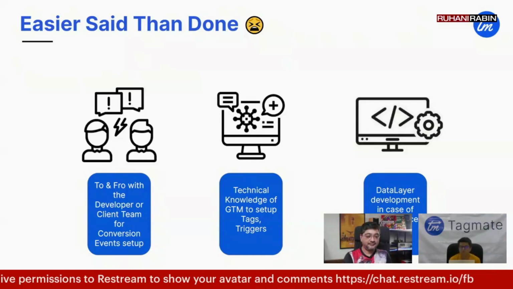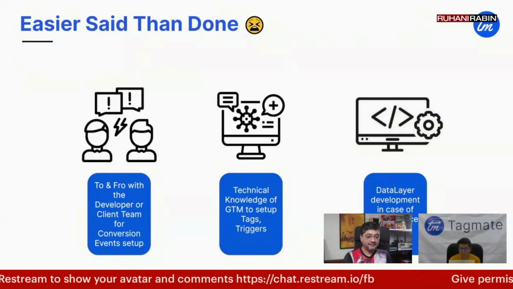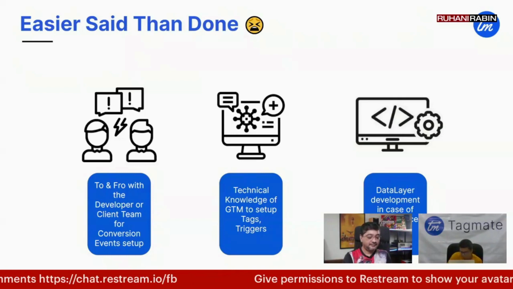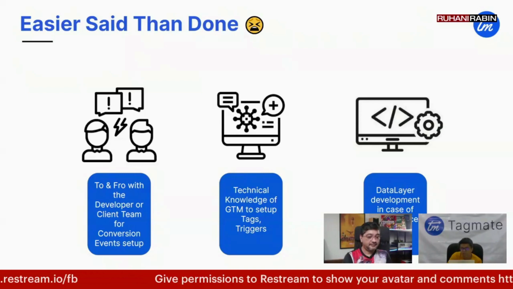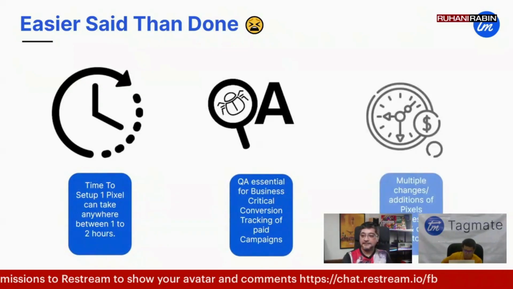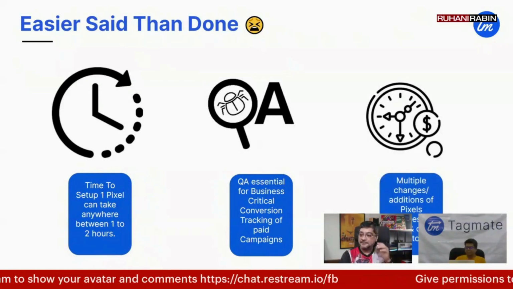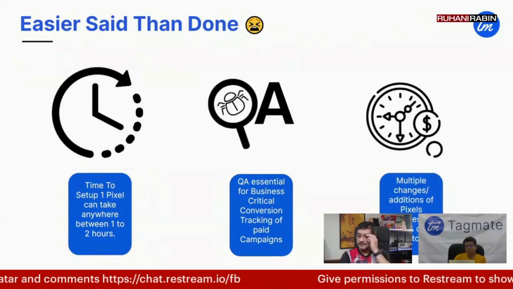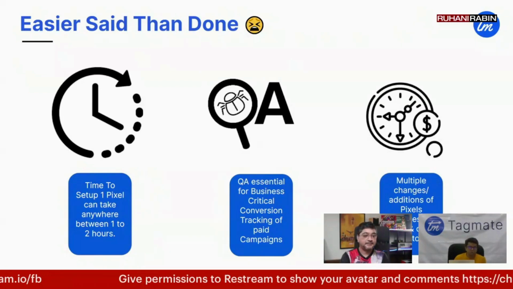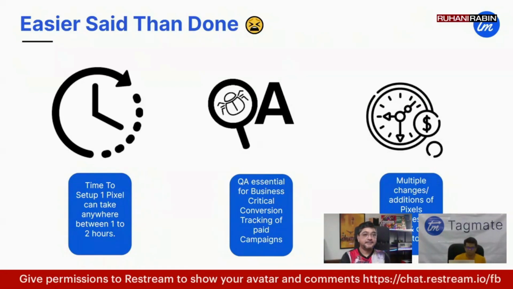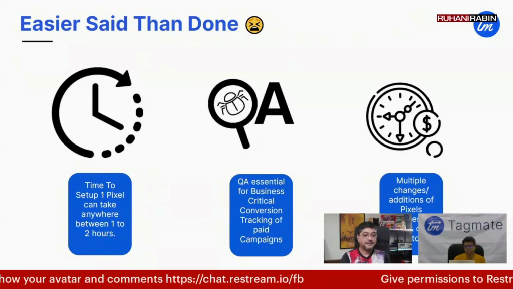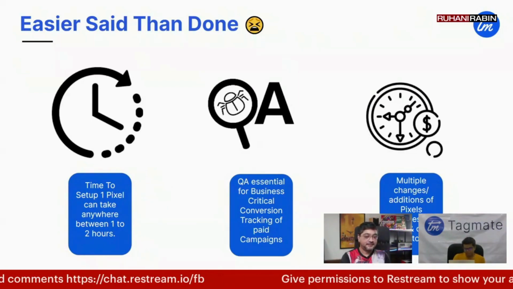If you want more information from your user behavior, then you have to develop a data layer and put it into the backend side of your code. Generally, the time to set up one pixel can take anywhere between 1 to 2 hours, or maybe a longer period of time. Then you go for the QA and the audit, and then finally you arrive at the correct implementation. So it's a lot of activities, right?